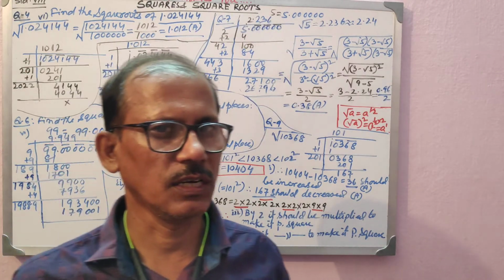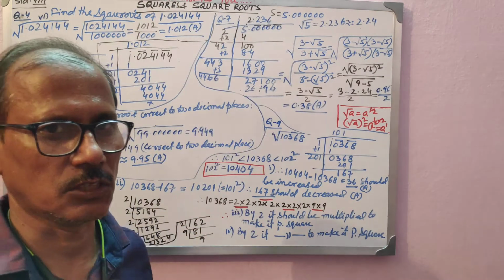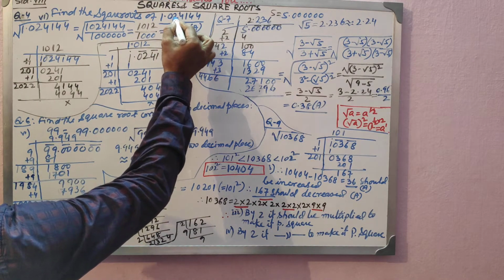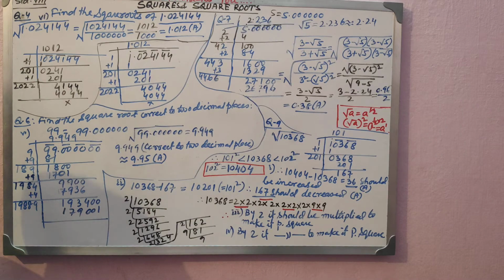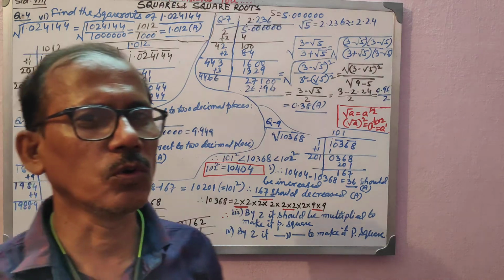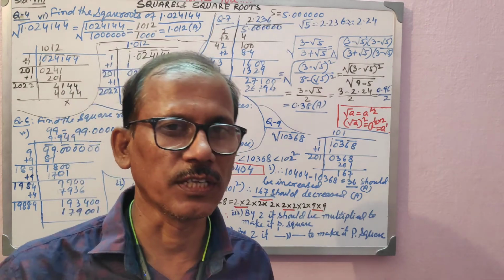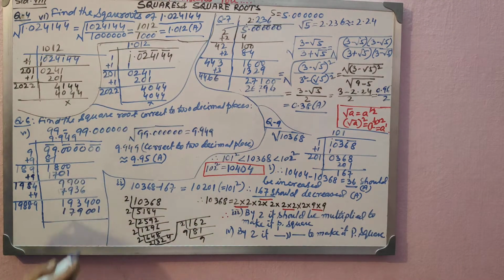Subsequently, it will have an even number of decimal digits. In this case also, see, 2 plus 2, 4 plus 2, 8 decimal places. Definitely, the square root will have half of the decimal places. That means 4 decimal places. Okay, let us do it, you will understand.